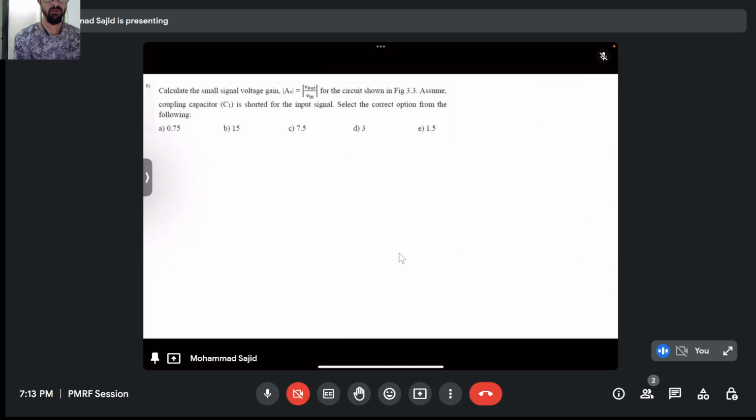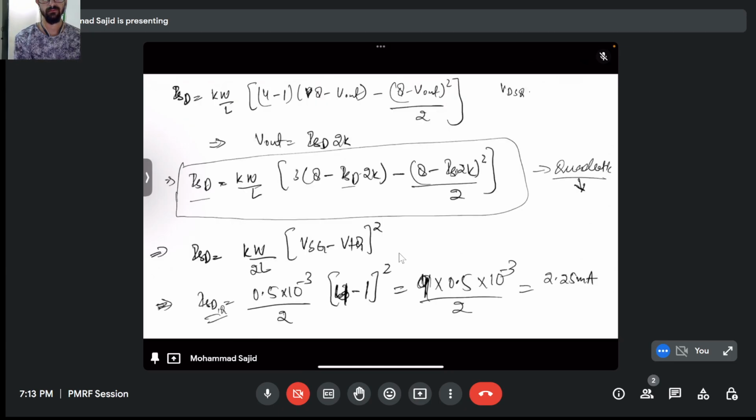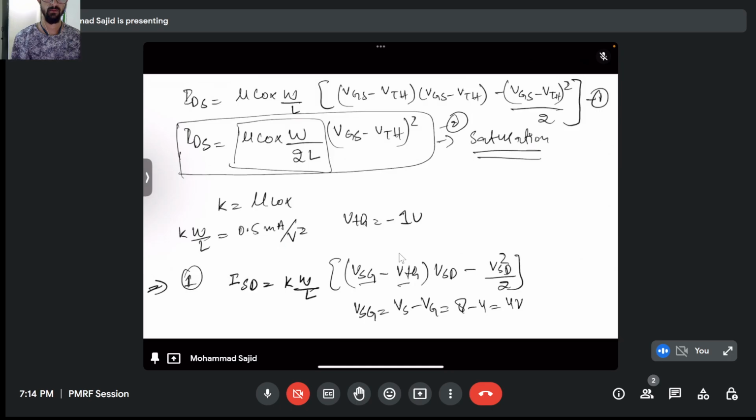Okay, now what about VDSQ? That will be simply equal to VDD minus V output, that is 8 minus ISD into, what was the resistance value? 2 kilo.